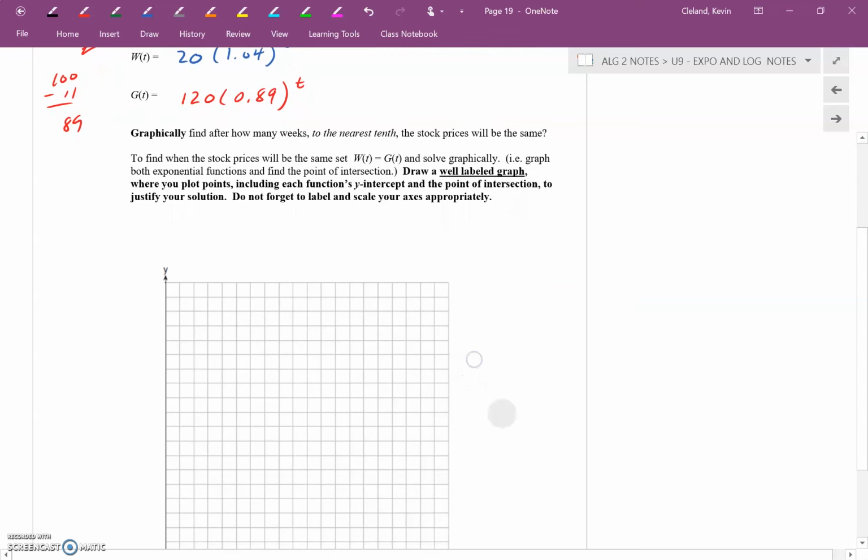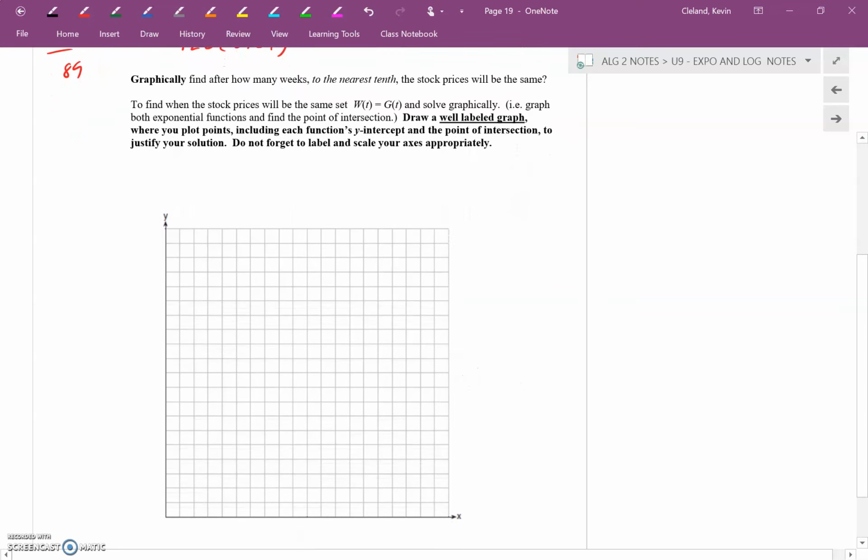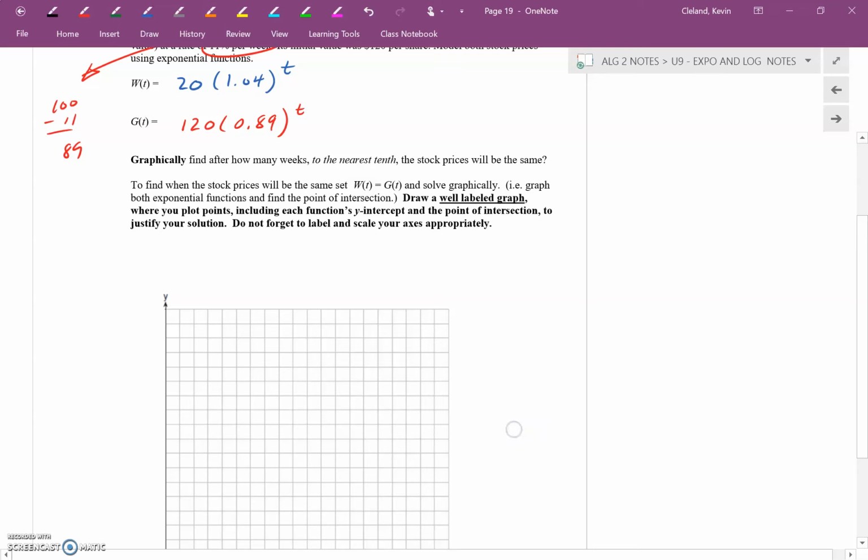Okay, so I draft these on Desmos first because I have to figure out an appropriate scale to use here to be able to show everything they're looking for. They want a well-labeled graph, so we need which equation is which, each function's y-intercept, and the point of intersection.